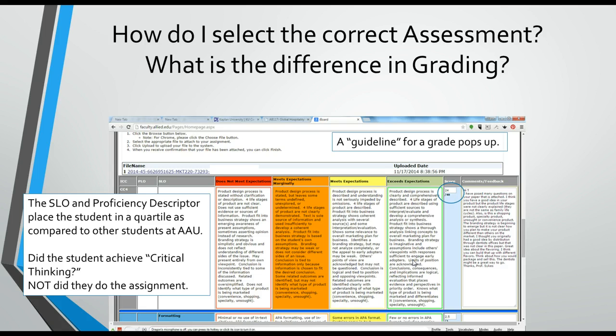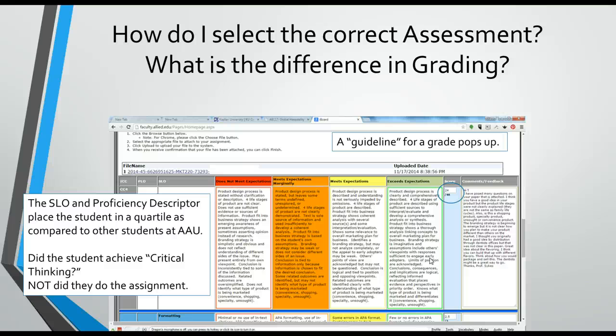But the instructor still has control over the grading, and we expect you to use that, because we're doing two different things here. The assessment tells me whether the student achieved critical thinking and in what quartile they fell.